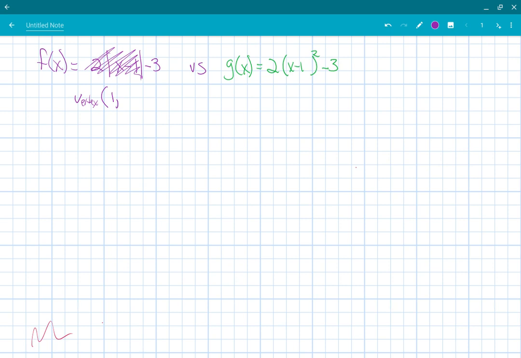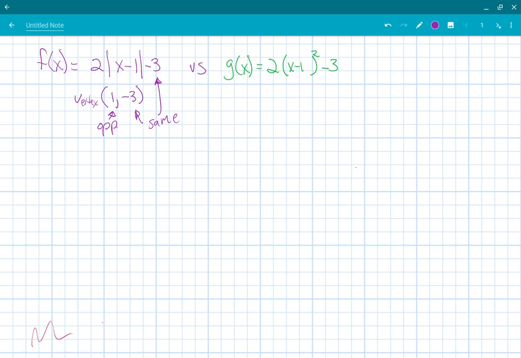So the Y is just the leftover number outside, and it's not opposite. Make sense? So the X is opposite, but the Y is the same as whatever's out here, okay?